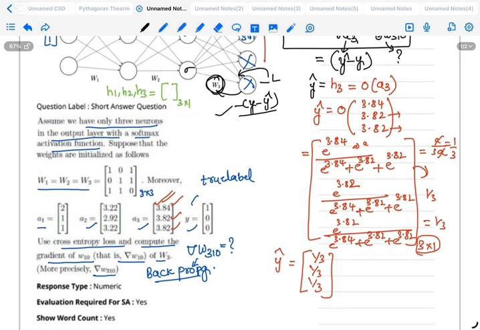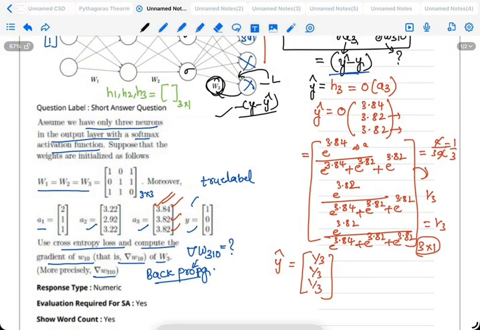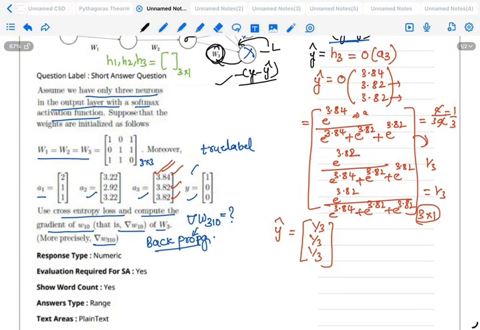So we have to find y hat minus y. The true value is given in the question. That is 1 by 3 minus 1, 1 by 3 minus 0, 1 by 3 minus 0, which equals minus 2 by 3, 1 by 3 and 1 by 3.